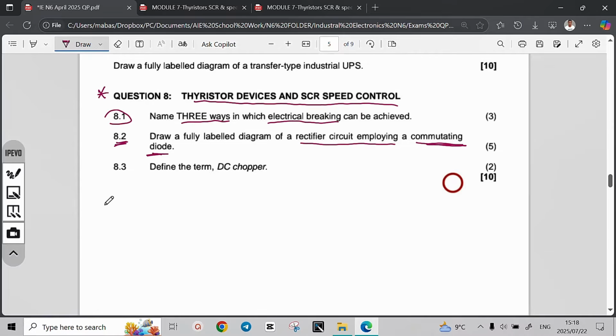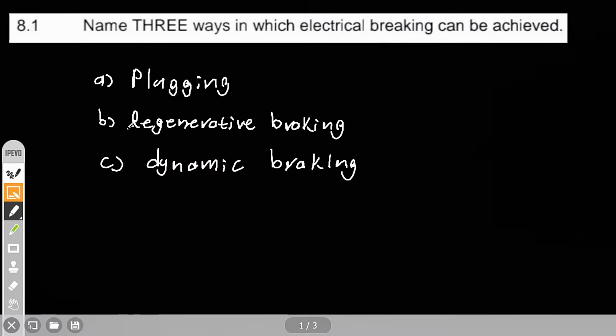So before I go to the next question, let's go back to 8.1. If you want to know more about these three types of braking, you can just screenshot this slide. Let me show you this slide.